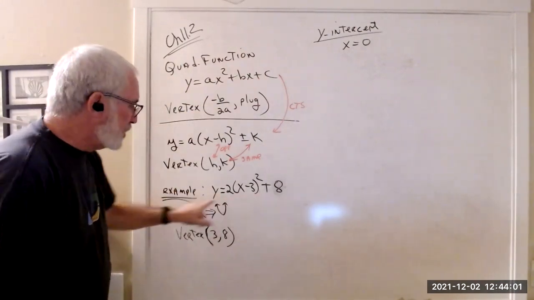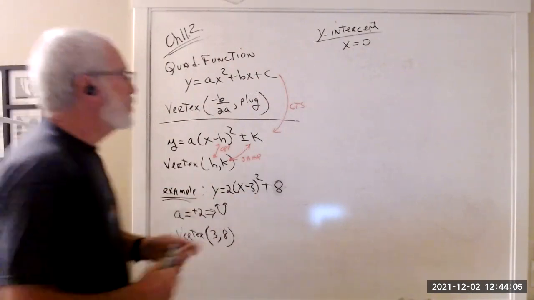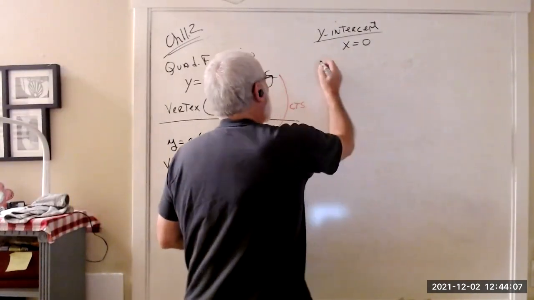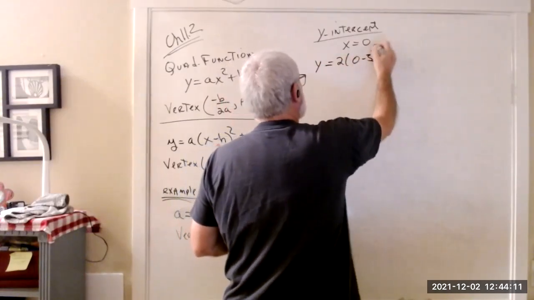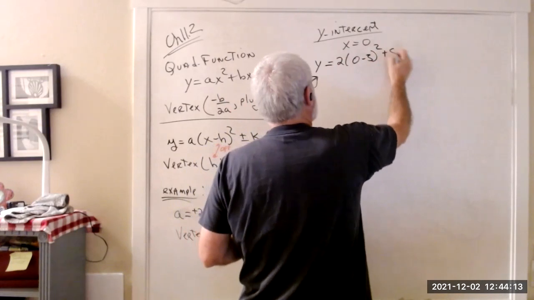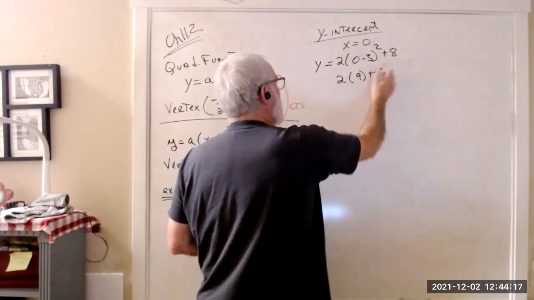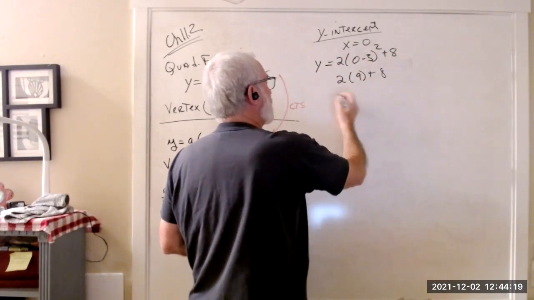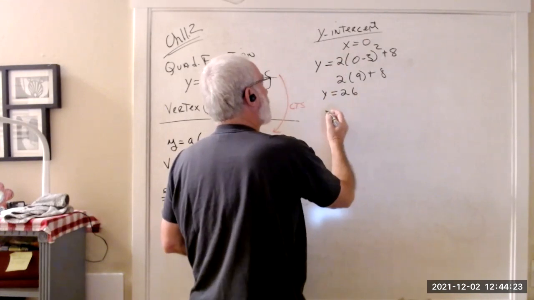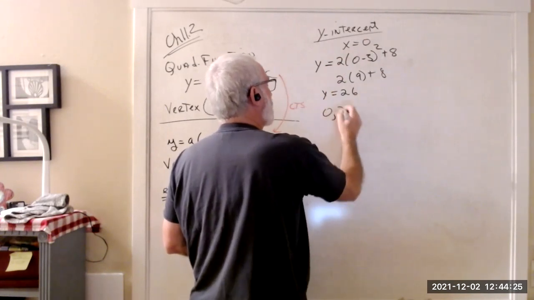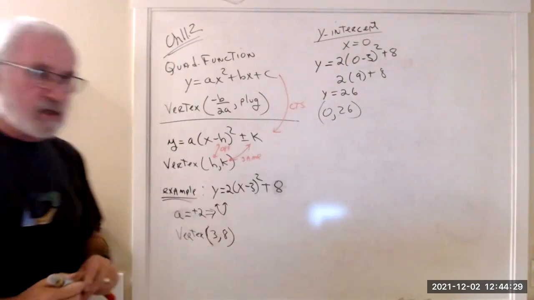It's not so easy here. The y-intercept means x is 0, so you have y equals 2 times (0 take away 3) squared, plus 8. So that's 2 times 9 plus 8. That's 18 plus 8, that's 26. So in this case, the y-intercept is 0, 26. It wasn't so easy.